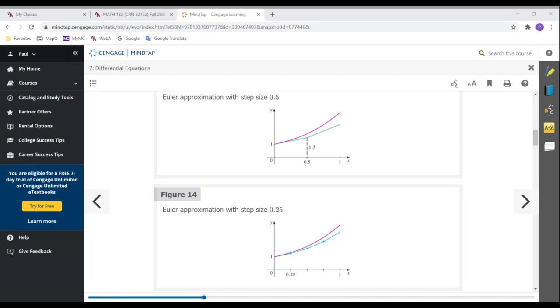If we have a very small step size, we can approximate the solution curve over a large interval in x. With a smaller step size, we can approximate the solution curve better and better.